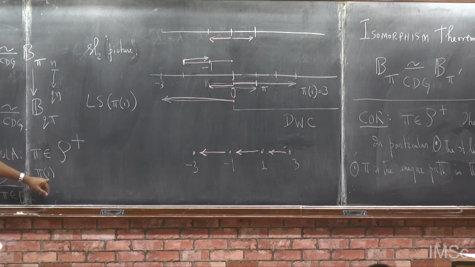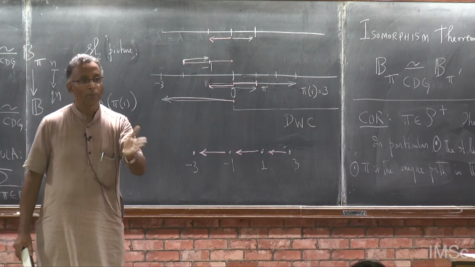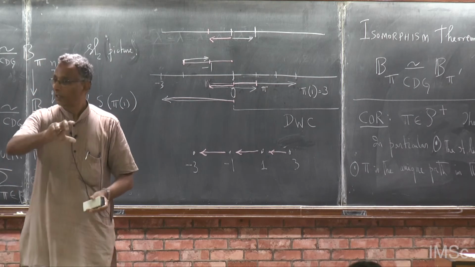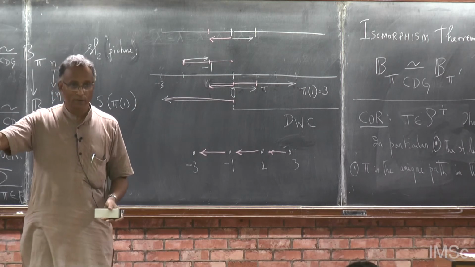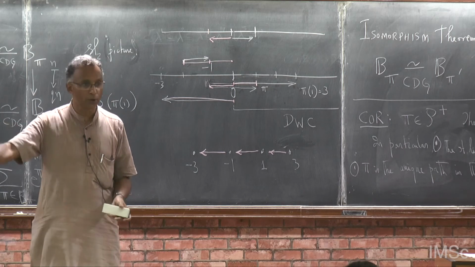But here there are only finitely many paths ending at any weight, because every path is of this form, and once it is of this form, it is of the form pi 1 minus a non-negative integral combination of the simple roots.